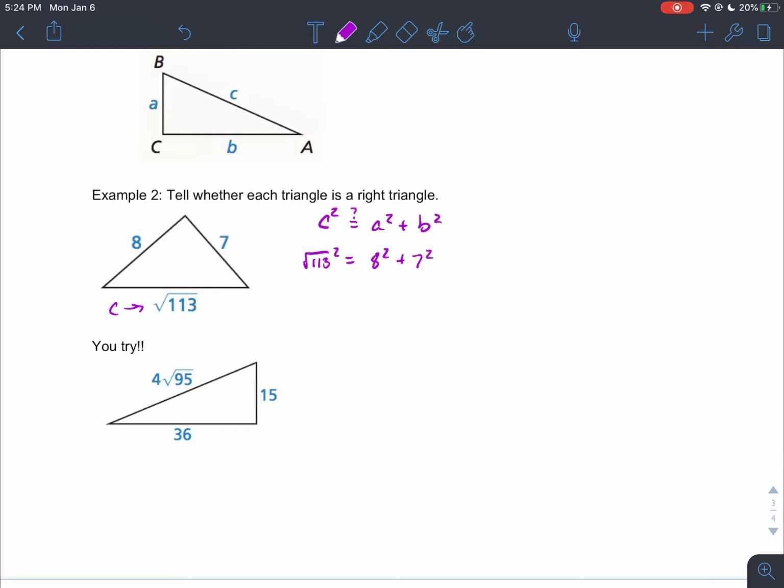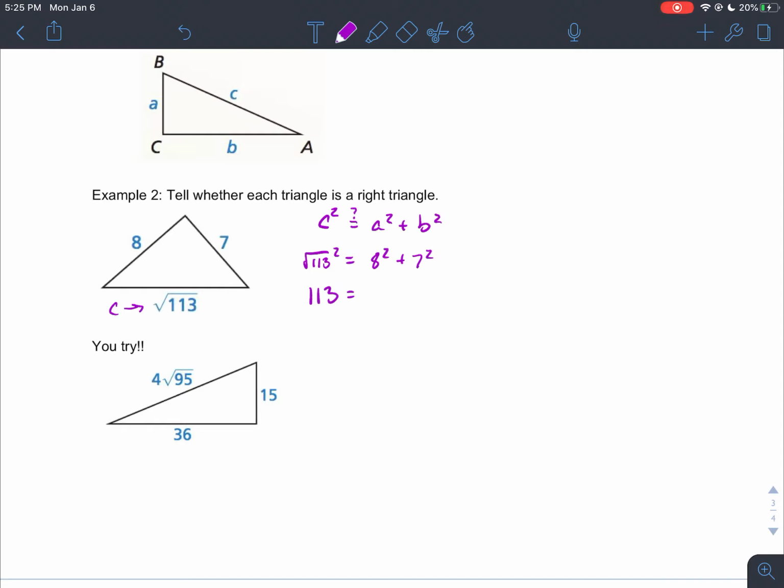Remember, a and b don't matter which one is which. Now before you start freaking out, oh, the square root of 113 squared, how do you do that? Remember, square roots and squares are inverse operations. They cancel each other out. So the square root squared cancels out, and you don't even have to use a calculator for that. The square root of 113 squared is just 113, right?